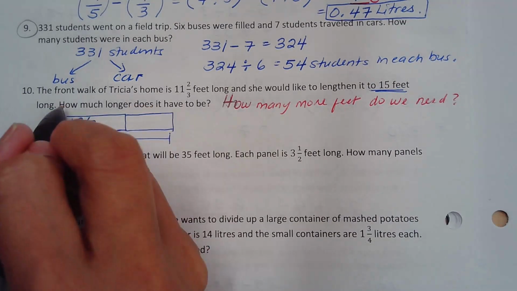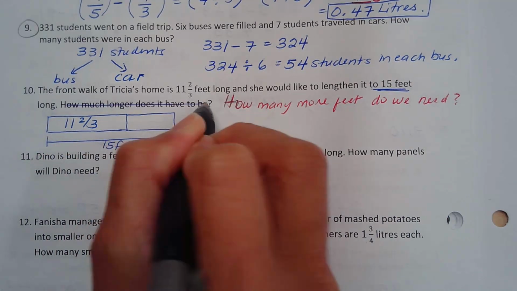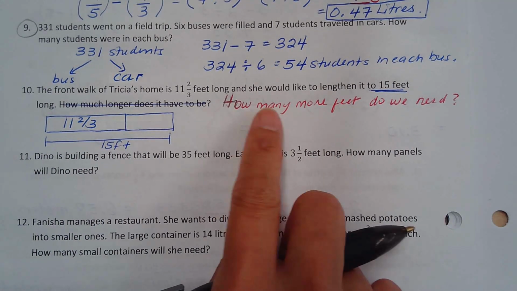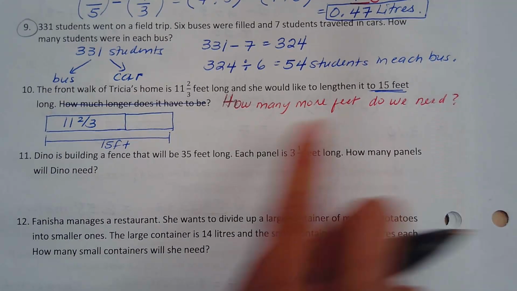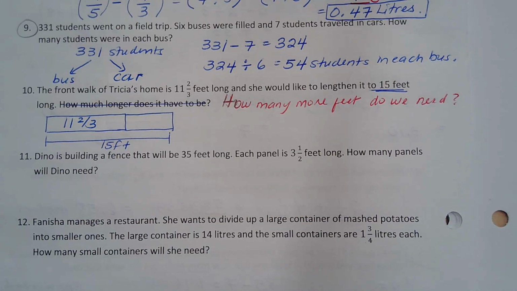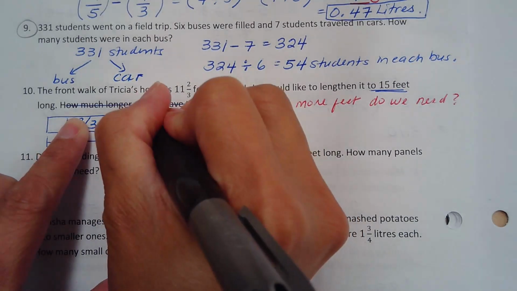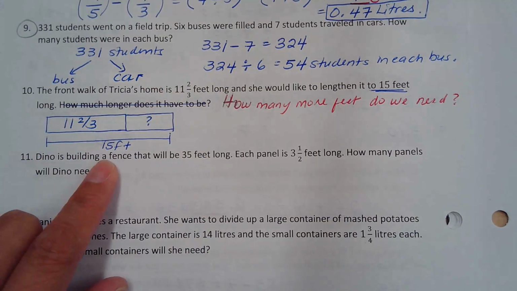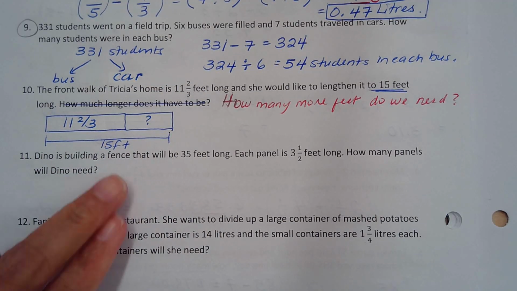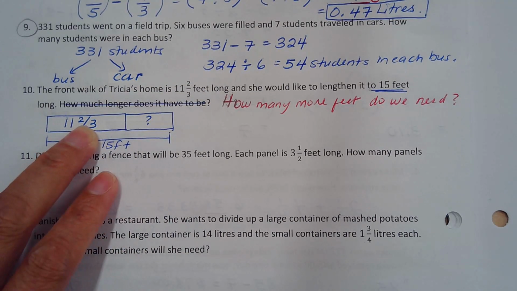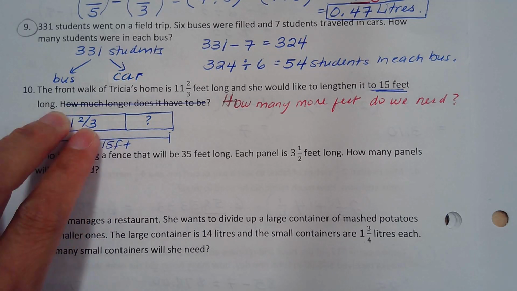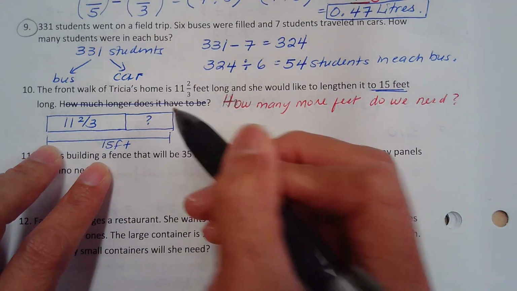Okay, let's erase this one because this sounds kind of weird. So how many more feet do we need to make it to 15 feet? So you've got 15 feet. That's subtraction. So 15, this is already there, so you have to take this away to figure this portion out.